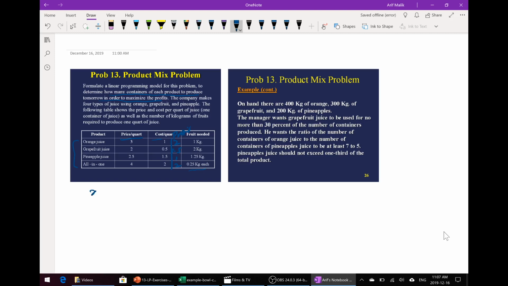Let's say x1 is equal to the number of containers of orange juice, because it says how many containers of each product to produce.